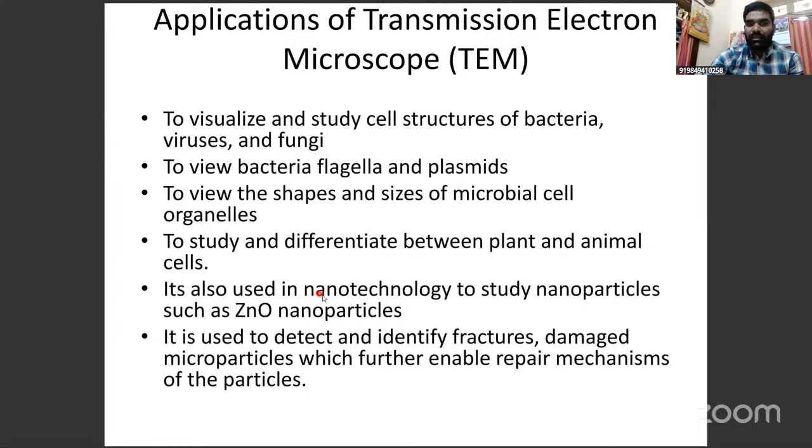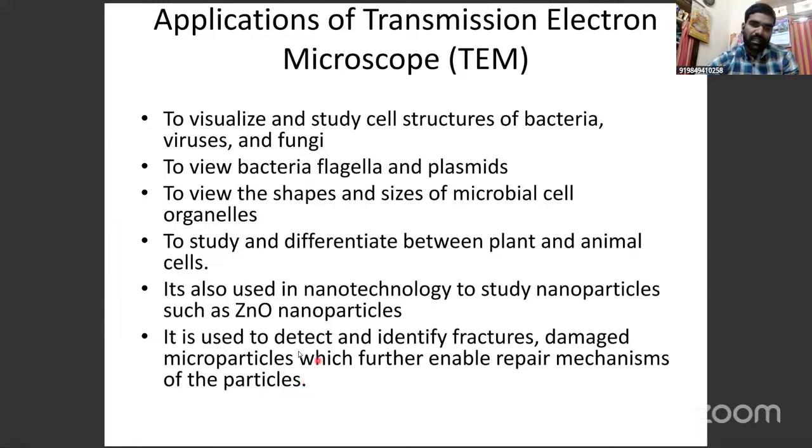It is also used in nanotechnology to understand nanoparticles such as zinc oxide nanoparticles. By using this transmission electron microscope, we can study nanoparticles such as zinc oxide nanoparticles, and it is used to detect and identify fractures, damage, and microparticles, which further enables repair mechanisms.